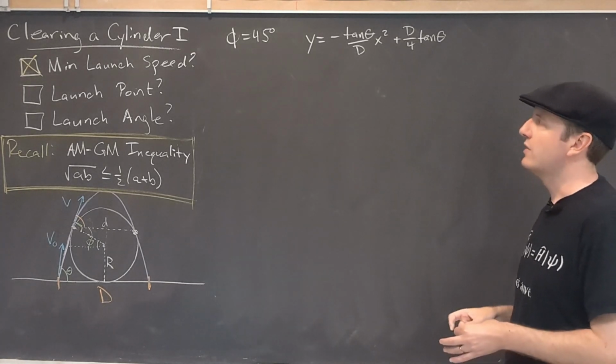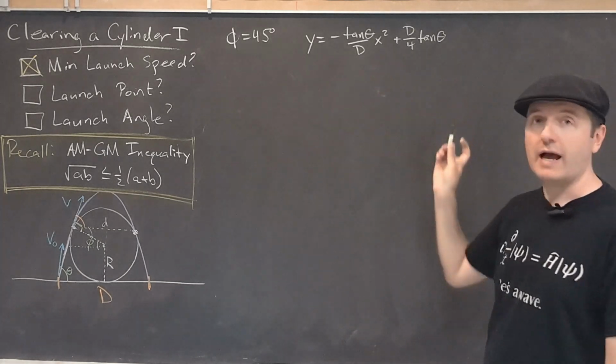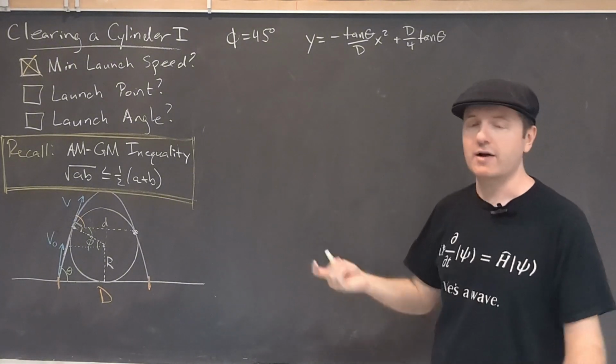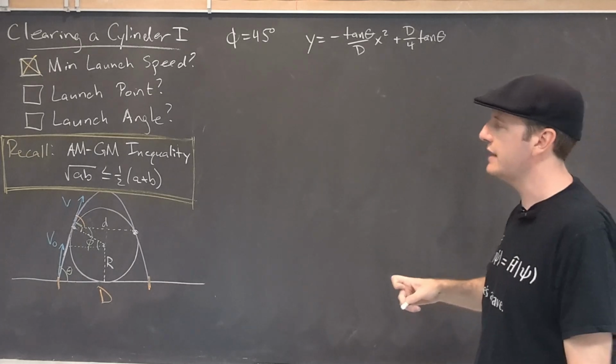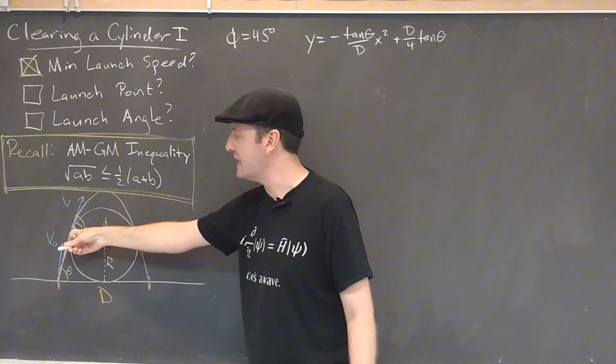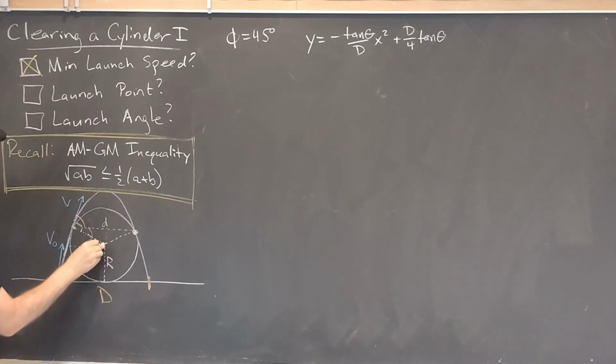And now I want to figure out where the launch point is. Now, I'm actually going to use a bit of calculus here, so we'll do a little calculus, I guess. And I need to know how this angle theta is related to this angle phi. And in fact, what I'll do is I'll just go to the other side over here. Doesn't really matter.